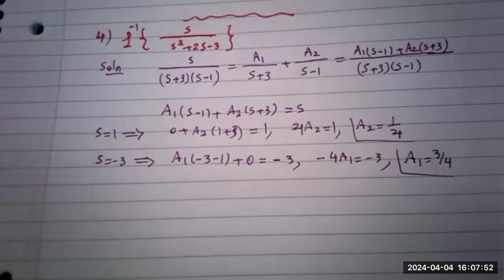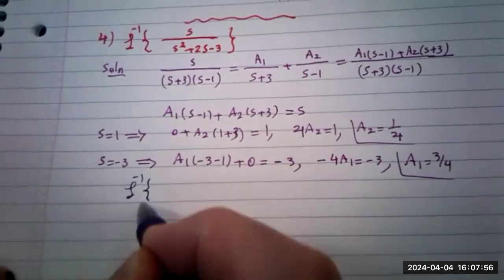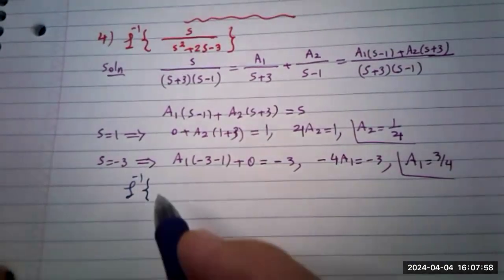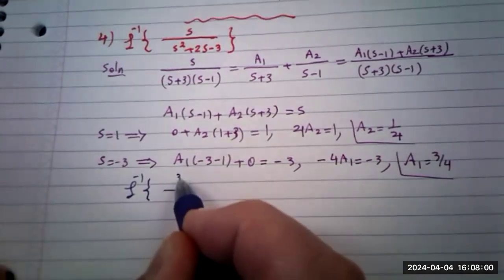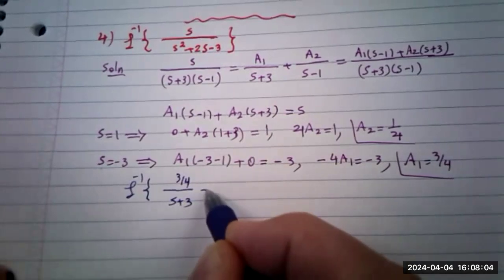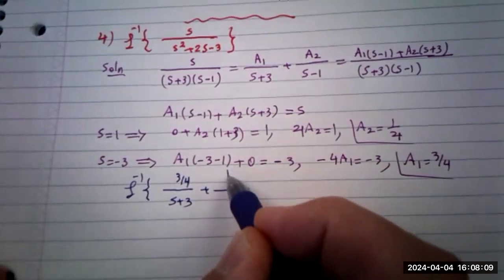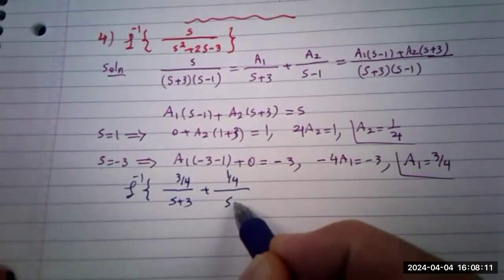We end up with the Laplace inverse of 3/4 over s plus 3, plus a quarter over s minus 1.